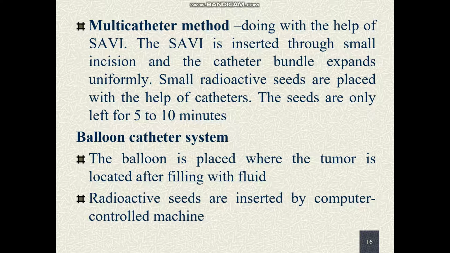This bundle can be expanded uniformly, and through these catheters, small radioactive seeds can be placed inside or near the tumor. The seeds are commonly left for 5 to 10 minutes only.